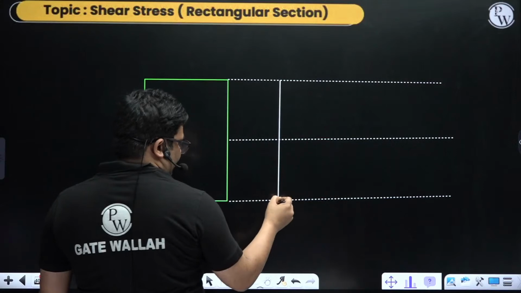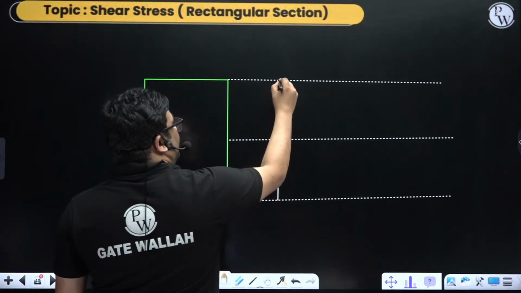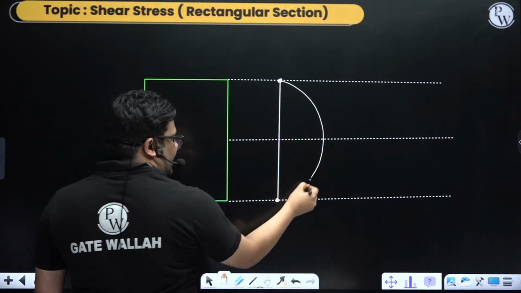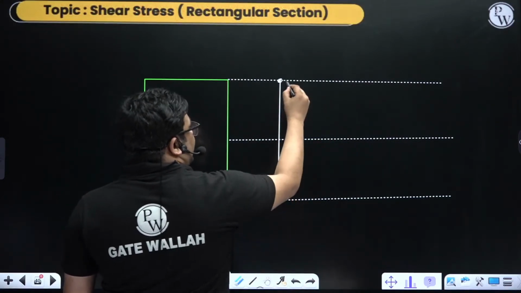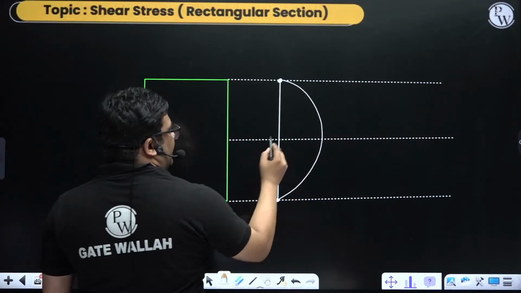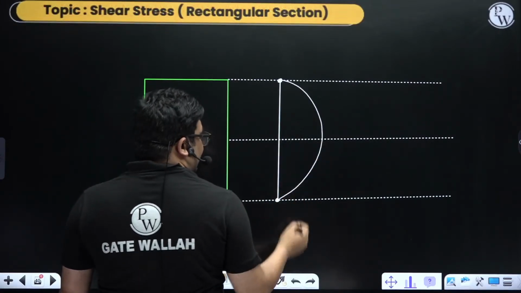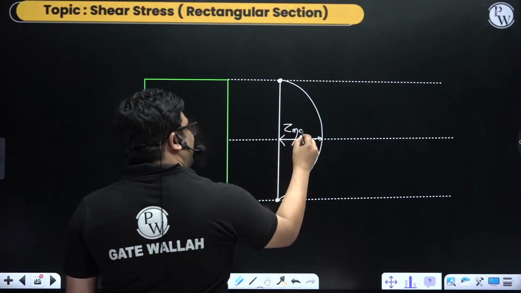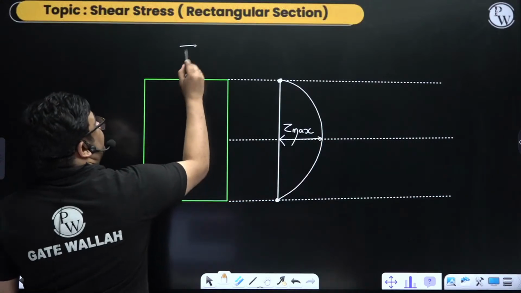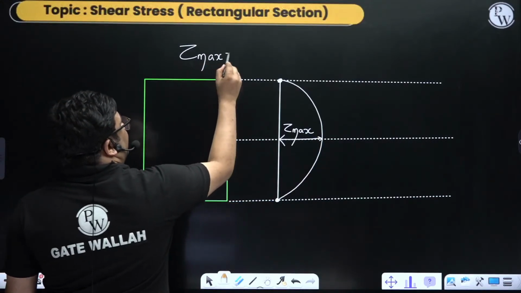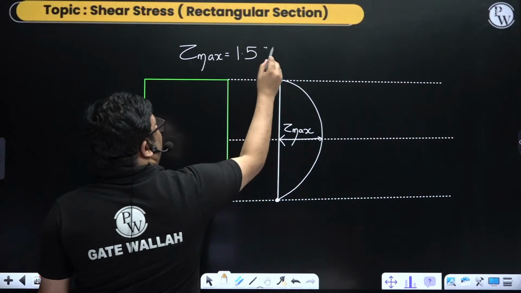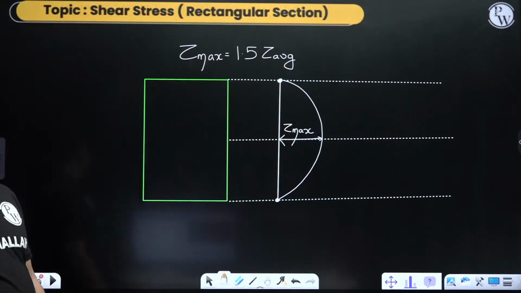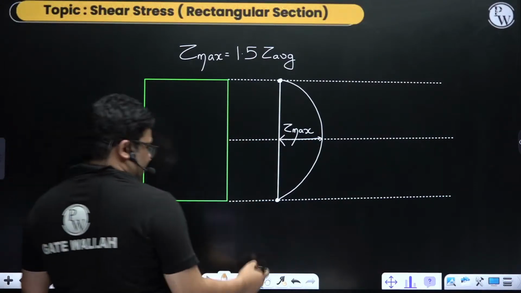At top and bottom we're getting 0, and then we are getting a parabolic distribution, and we will be getting the maximum at the neutral axis. So at the neutral axis or the mid depth, we'll get the maximum one, and this maximum shear stress is 1.5 times the average shear stress. And what is average shear stress? The total shear force by total area. Very easy. So this was shear stress distribution.